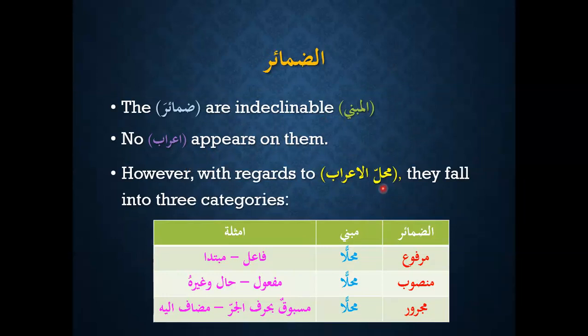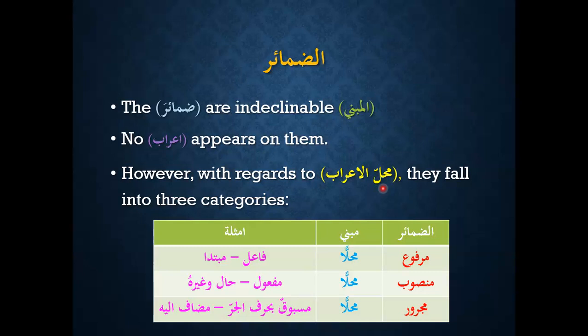Mahal means place. With regard to their position in the sentence, they should be marfu, because they become the subject, mubtada, or khabar. Or they are mansub mahallan, because in this place they should be in the mansub state, that being the position they are in. But they're not showing it because they're firmly fixed, completely impermeable.